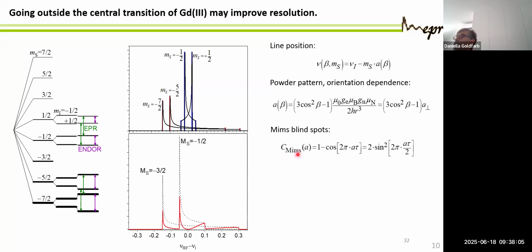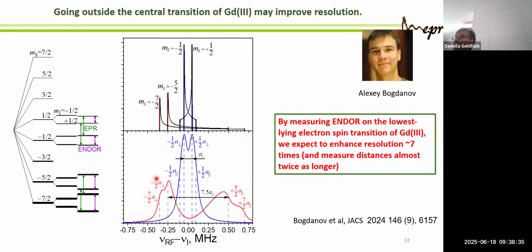So let's see how it works. Unfortunately, we have these blind spots, so you don't get this nice powder pattern for each of these, but you see here's a blind spot, and here is another blind spot. Here is the classical one, and then you see the blind spots. This is just an example for the half, and this is for the -3/2. Now let's introduce line broadening.